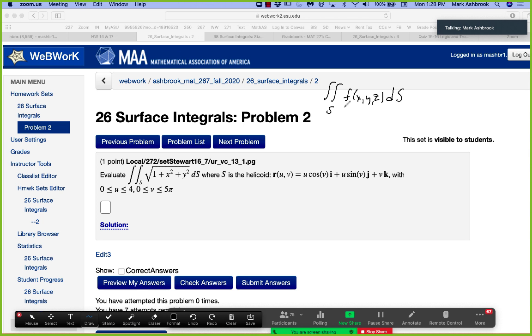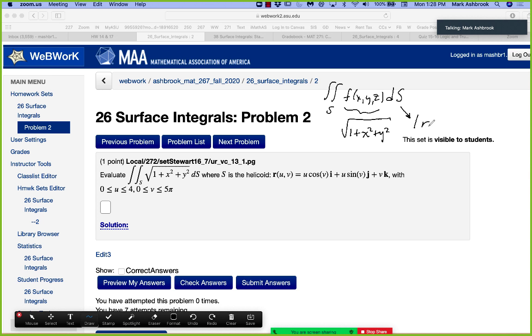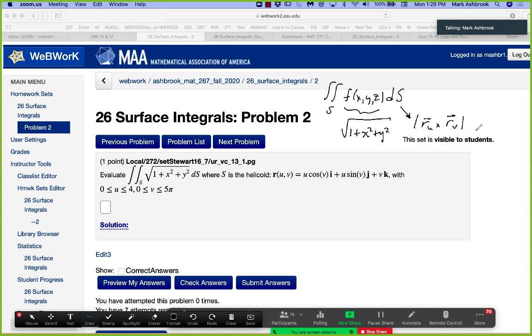It looks like our multivariable function here is the square root of 1 plus x squared plus y squared. And we know that dS is what? It's the magnitude of r_u cross r_v, du dv.